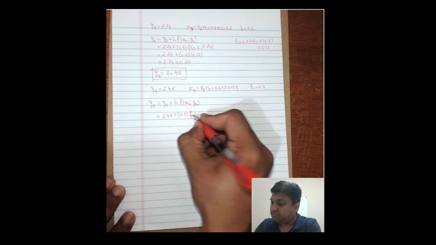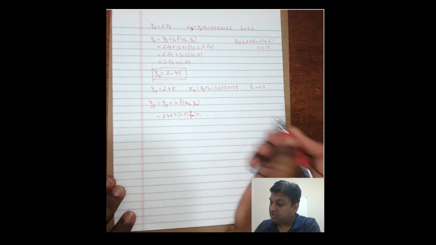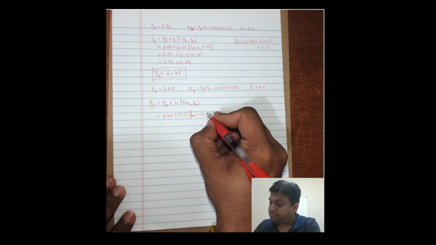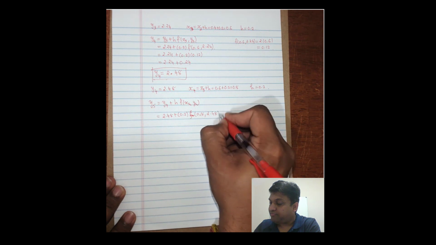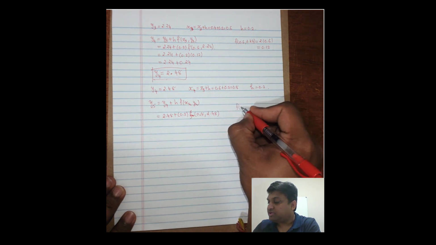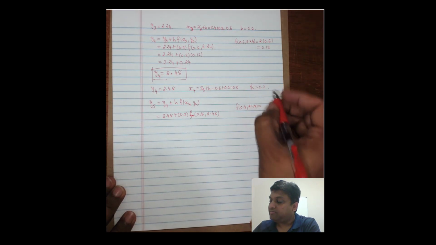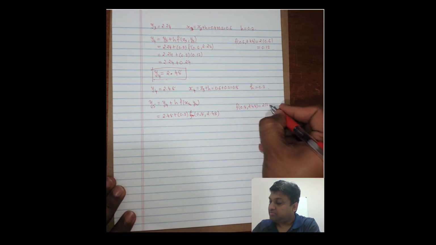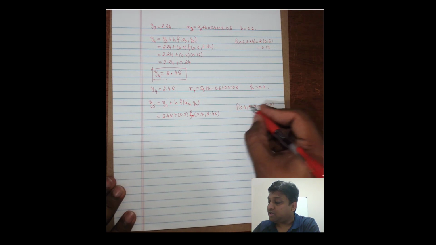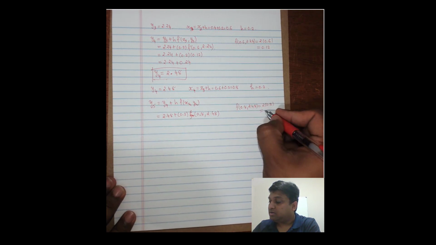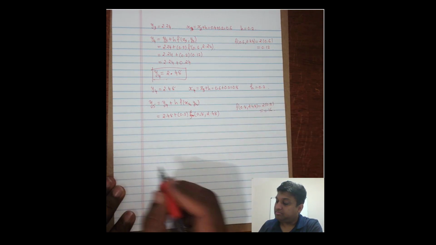F of 0.8 comma 2.48. Evaluation of my function at 0.8 comma 2.48. Fairly simple. Just plug those x and y values into your function. You get 0.16.